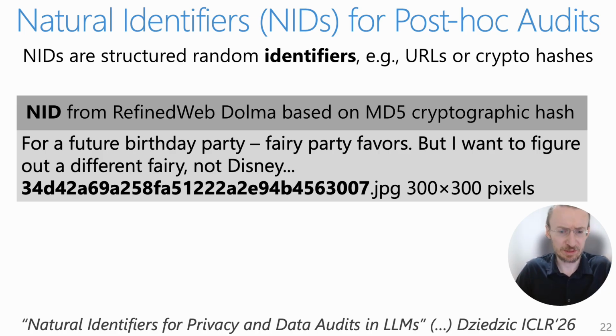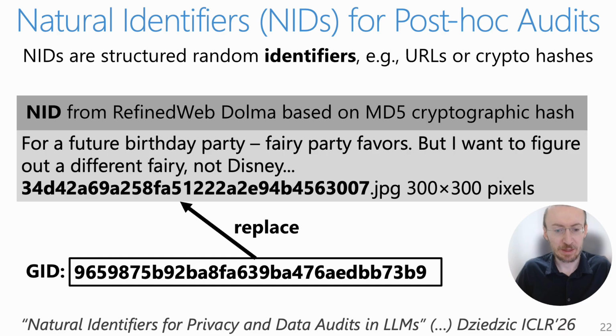Here is an excerpt from Refined Web, Dolma. This is one of the data sets used for training Olma models, and we have this MD5 cryptographic hash in this text. We know how to generate these MD5 cryptographic hashes, and now what we do is treat this specific hash as our natural identifier, and then to create the held out set, we replace these natural identifiers with a so-called GID.